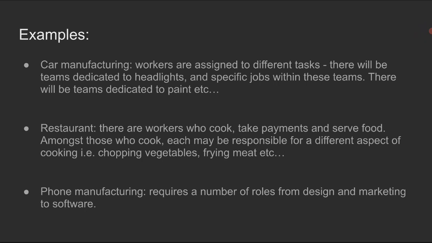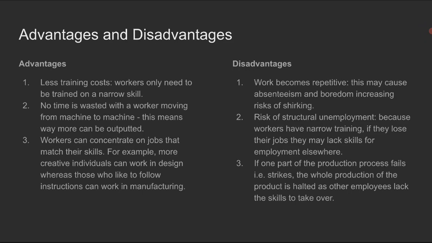Among those who cook, they may be responsible for a different aspect of cooking. For example, some people might chop vegetables, some people might fry meat, some people might work on the ovens, etc. Additionally, industries like phone manufacturing require a number of roles: design, marketing, software, hardware. You'll find that the division of labour is present in basically every industry today.